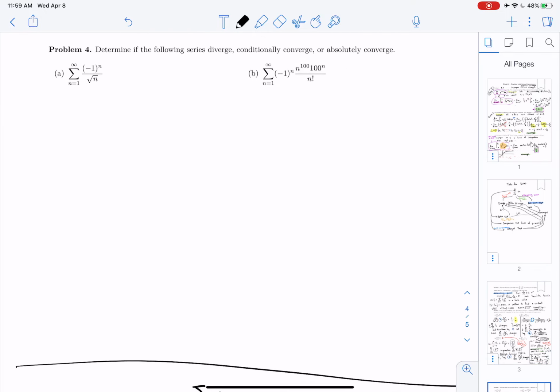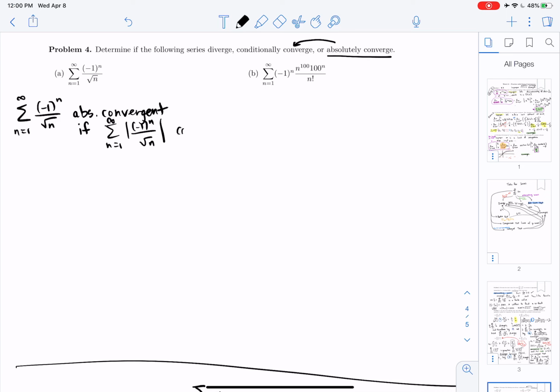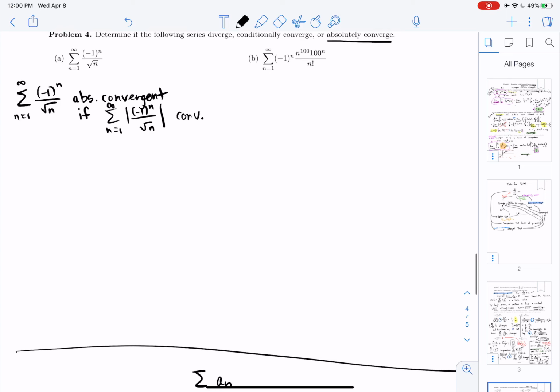Let's see, first of all, if you absolutely converge, then you conditionally converge. So let's test for that first. This series from n equals 1 to infinity of negative 1 to the n over root n is absolutely convergent if this series with absolute values around it converges. So let's look at that series.